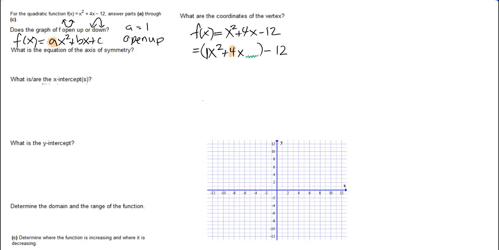Since we have a coefficient of 1, we get to ignore that part and jump to this next part, where we take that number 4, divide it by 2, and square it. 4 divided by 2 is 2, 2 squared is 4, so our magic number is 4. We're going to add that magic number here, but we need to balance our equation by also subtracting that amount over here.